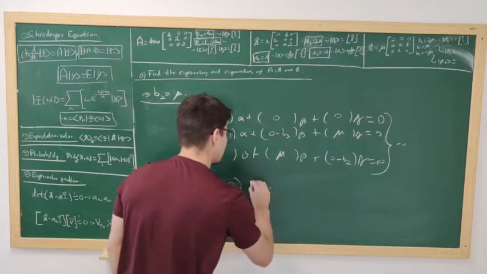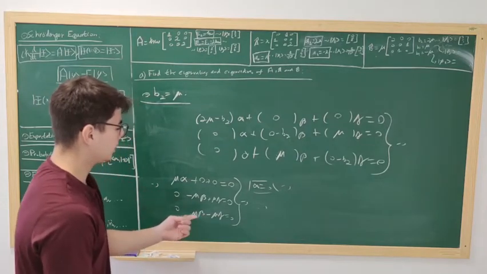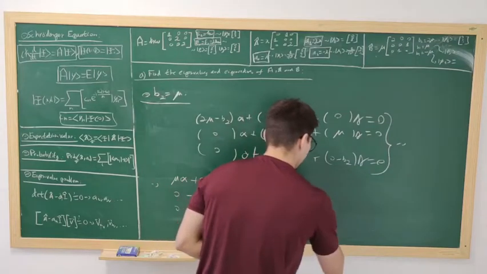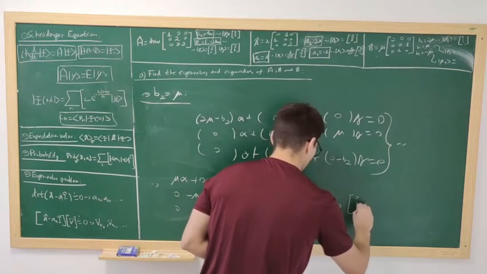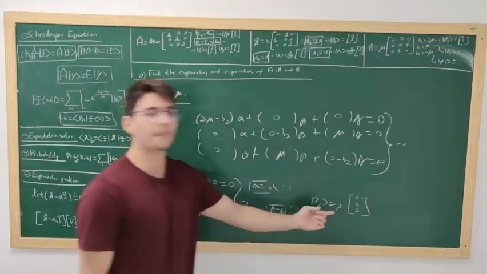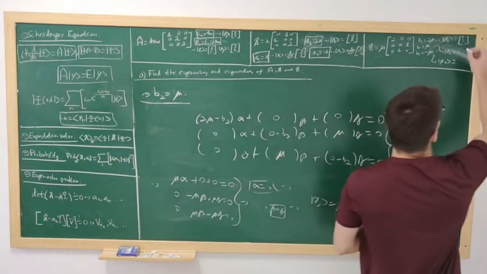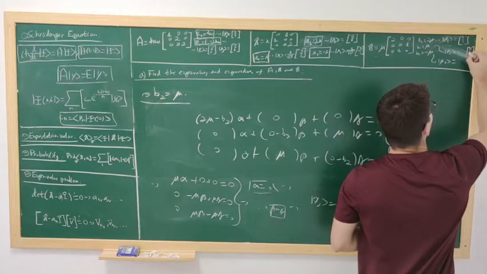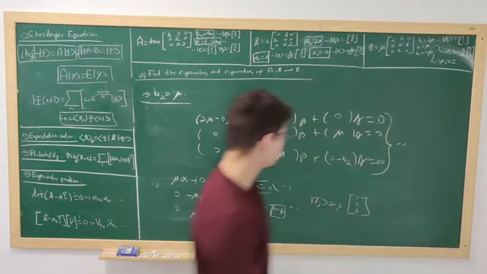So alpha is 0 and beta equals gamma. So our eigenvector is just beta times 0, 1, 1. Of course, to normalize it, we have to divide by square root of 2. So we have 0, 1, 1, and 1 over the square root of 2.